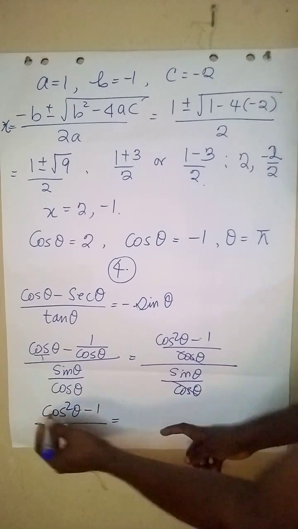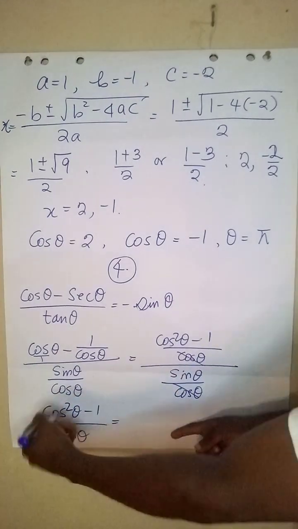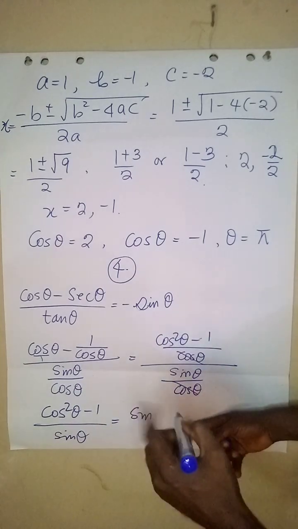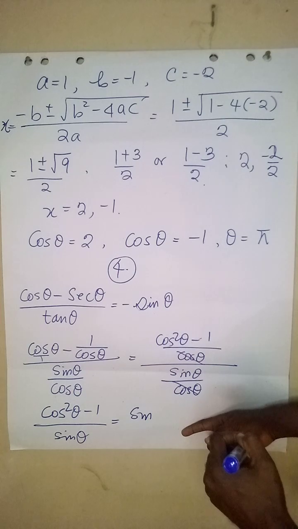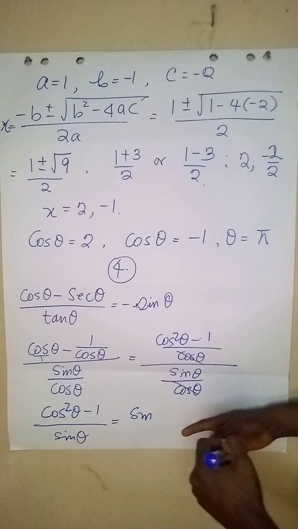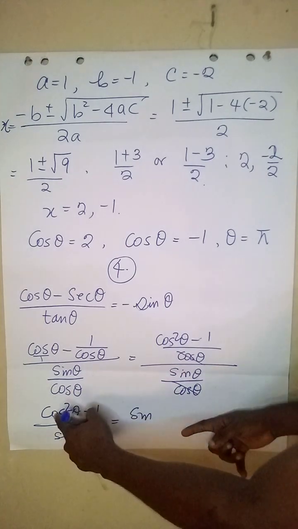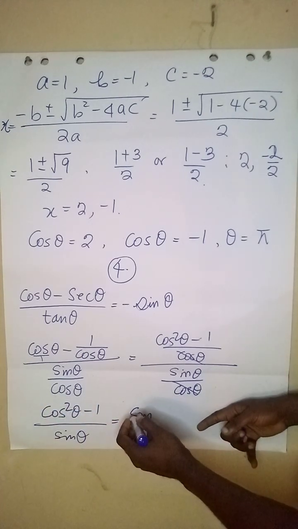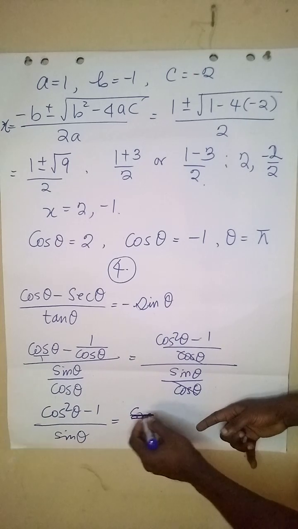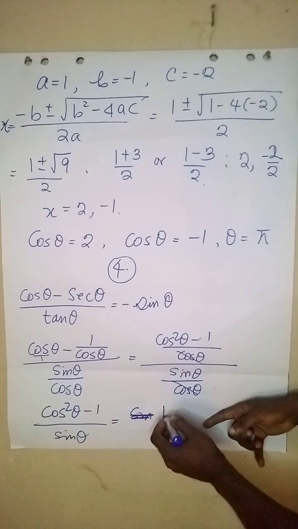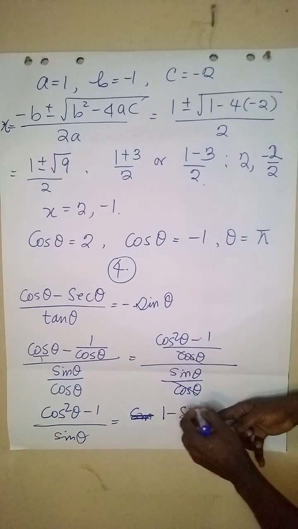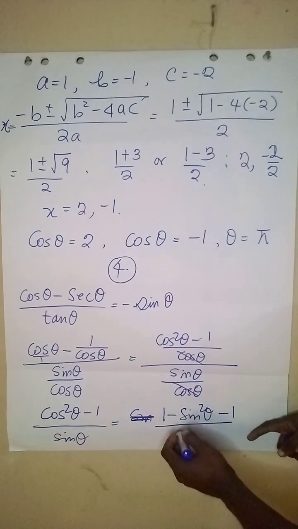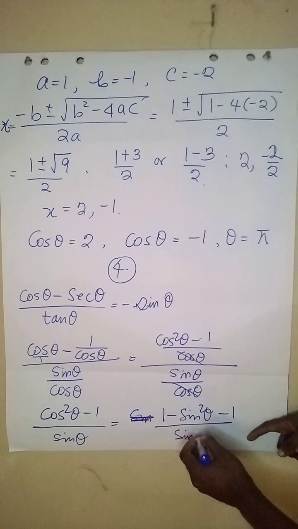And you know, this is from the relation we discussed in the first video. Cos square theta is 1 minus sine square theta, and we use that here. So this is 1 minus sine square theta minus 1 divided by sine theta.